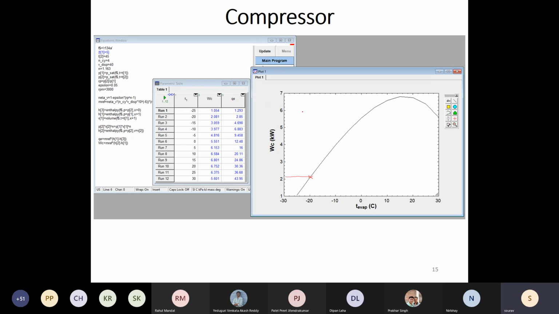So your compressor motor has to be rated to deliver this peak demand. And this will happen every time you pull down the temperature from the ambient to your desired temperature.